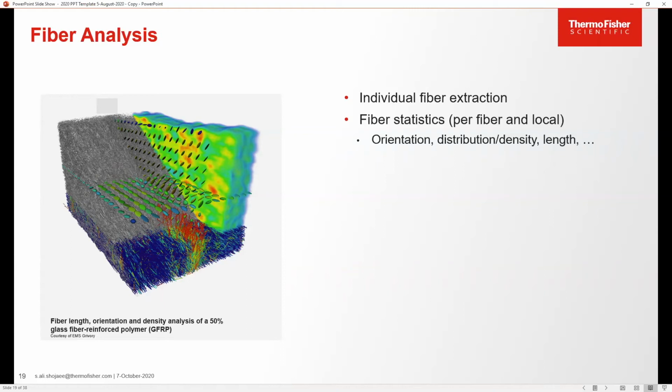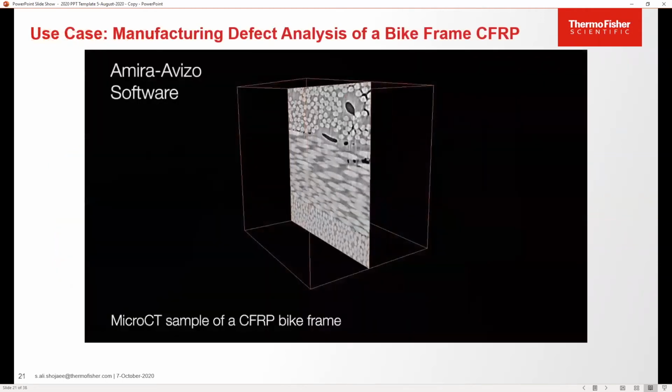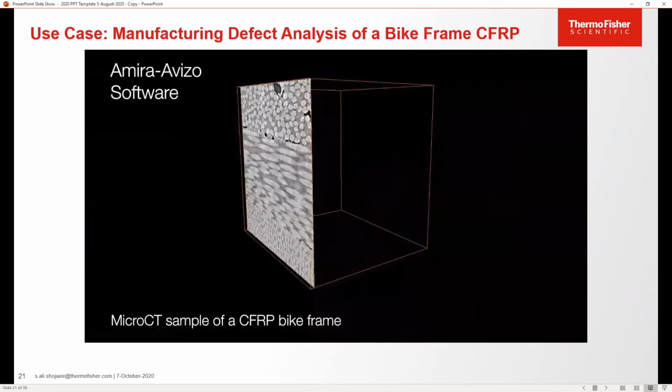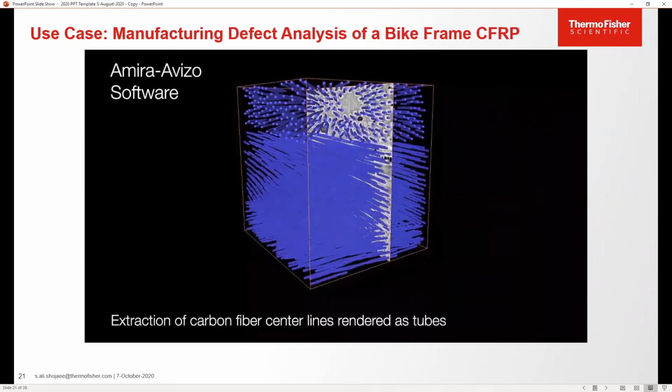Once you do that, once you get information out for each individual fiber, you can get statistics per fiber or per volume or any other format that you want. You can get all sorts of information out of your fiber composite. In this example the fibers are more or less visible, but there's a lot more that you can do.